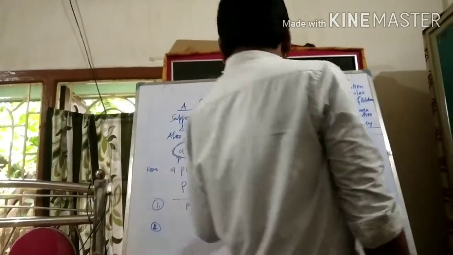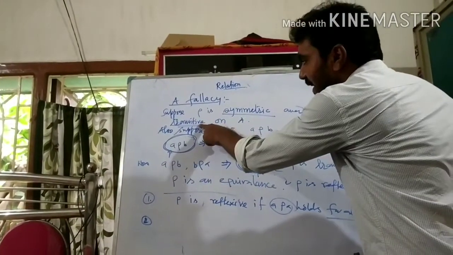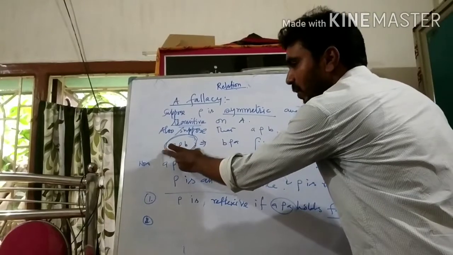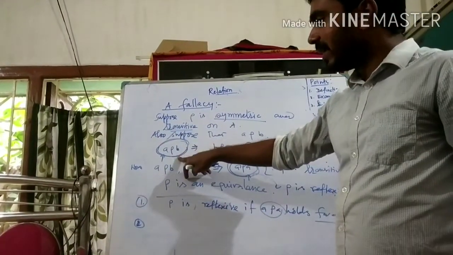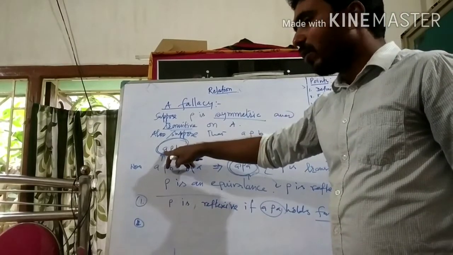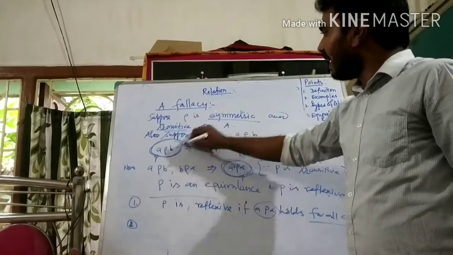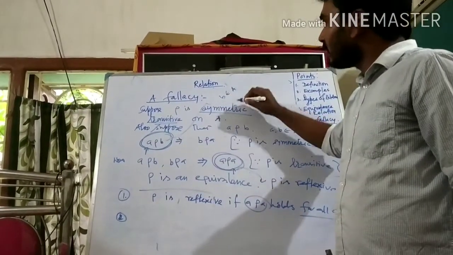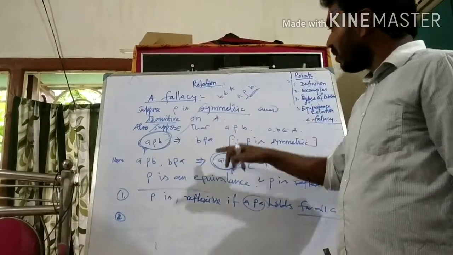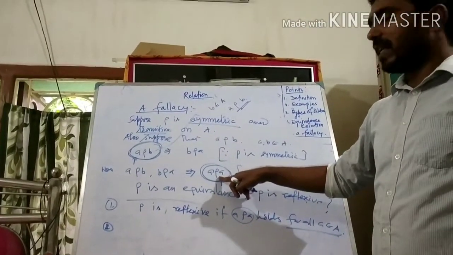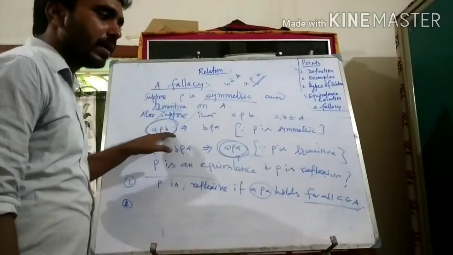So this portion depends not only on the symmetricness and transitiveness, but also on that assumption. The assumption says that for a particular value A, if there is an element B in A such that there is a relation between A and B, then only we can get this relation. But this may not always happen in general.